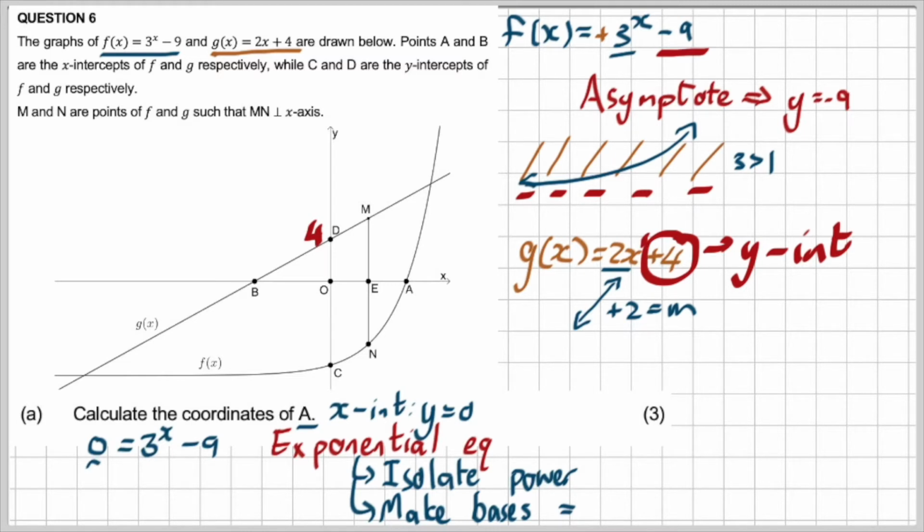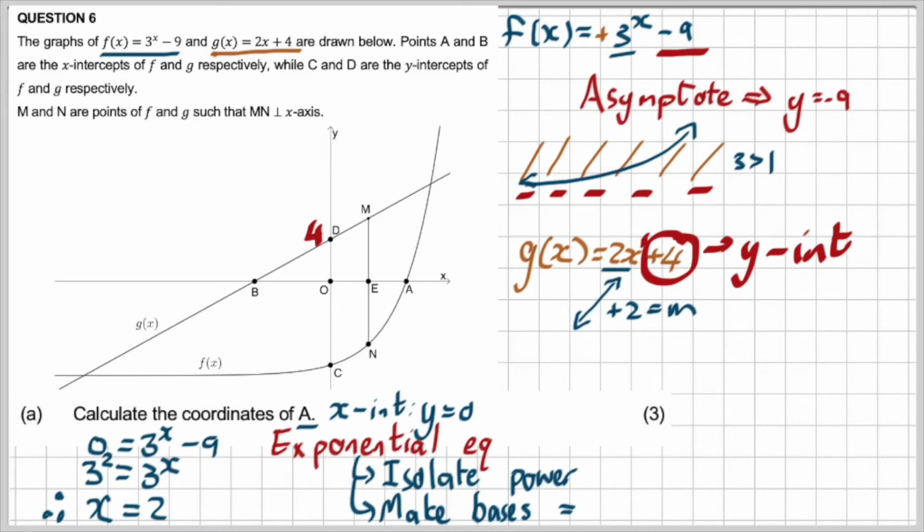So let's do that. Let's take the 9 to the other side and make the bases equal, so x must be 2. Ladies and gents, this is why you solve equations in algebra, so you can apply it to graphs. It's very important you make those connections. Everything you use in algebra and equations, you are going to apply to graphs.